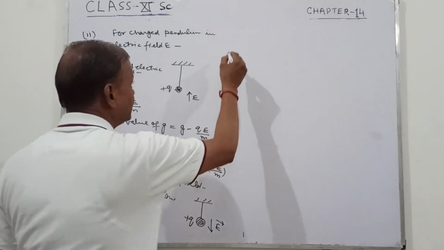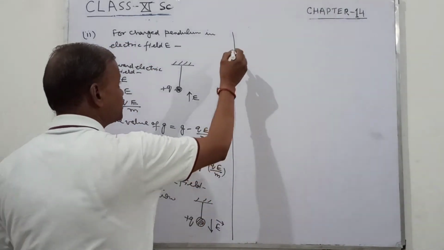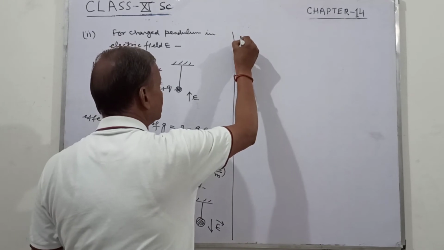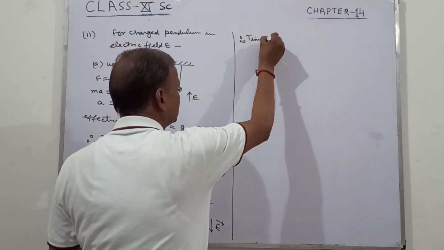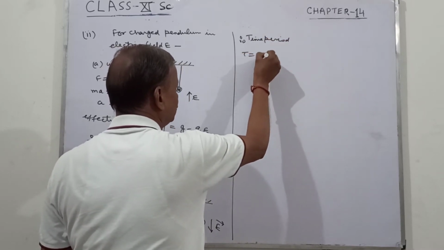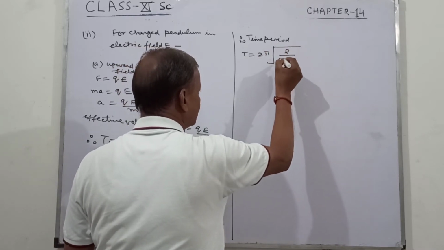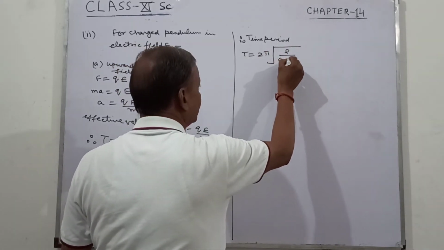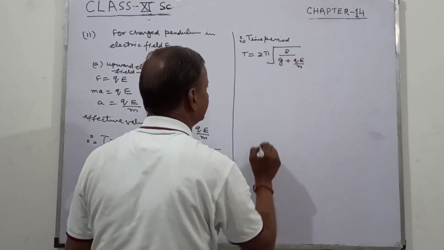And you can find from here the time period T equal to 2 pi square root of L upon g plus QE upon m.